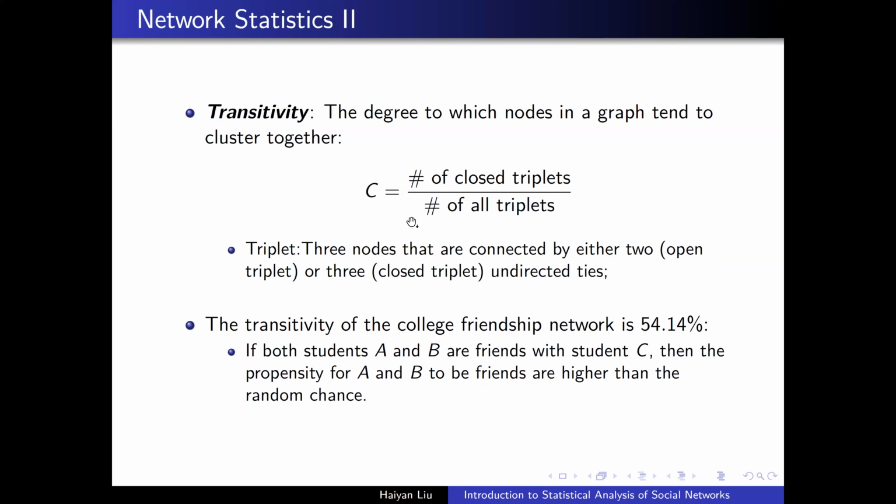It means that about 50% of the triplets are closed triplets. It also means that if students A and B are friends with student C, so they are common friends to C, then A and B have a higher chance to make friends, which is higher than random chance. Random chance is 50%. So this reflects the chance for friends to make friends.